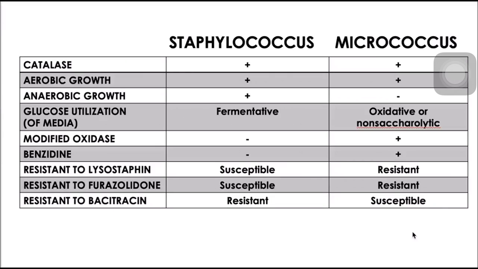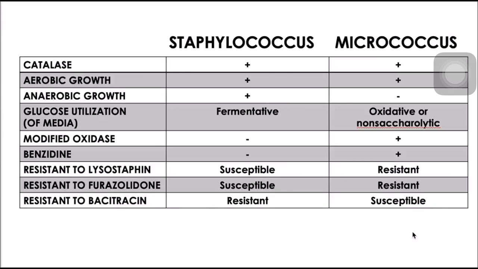So Staphylococcus can utilize glucose both in an open tube and in a closed tube. So this one is known to be fermentative, while Micrococcus can only utilize glucose in the presence of oxygen, as seen in the carbohydrate glucose utilization, oxidation-fermentation media. So Micrococcus oxidizes glucose.